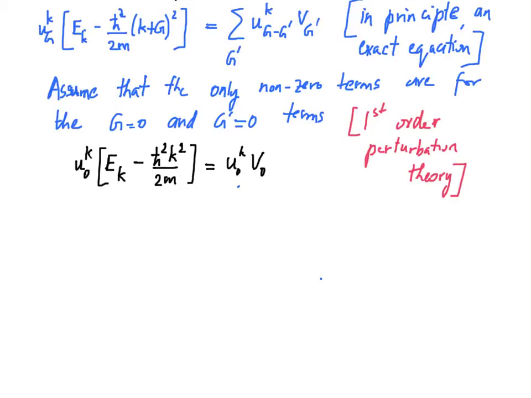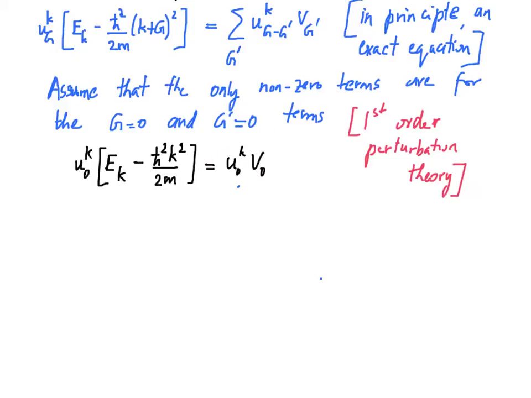Okay, here we go. So note that this term here is over here. Everything for which G is not equal to 0 is 0, and so this term became that, and of course this term became that.